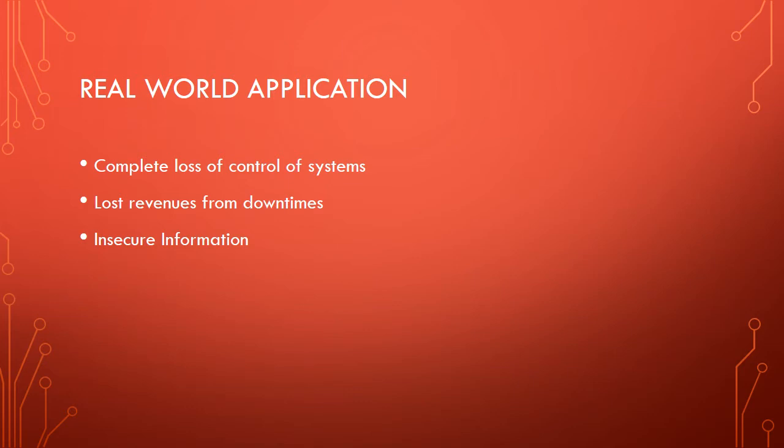And so they would gain access to information that we didn't want anyone to have access to. So that needs to be fixed as soon as possible. But those are the major real world applications and what could happen if the worst case scenario happened in each of these situations, each of these vulnerabilities being used. So next we'll go to the next slide for the final verdict.